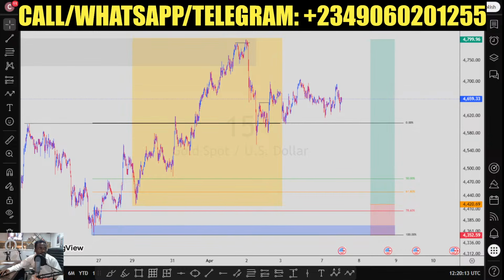Am I communicating? If you can't wait for the price to push to that level, whatever you want to do is going to be a very risky trade setup. So you have to be very careful. That is what we have on gold.